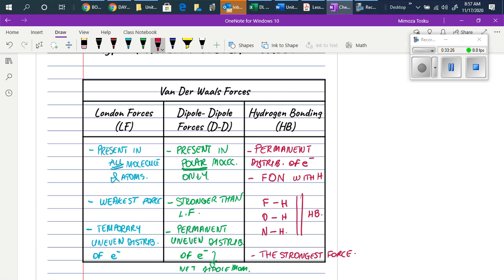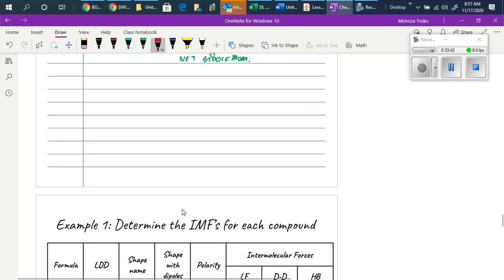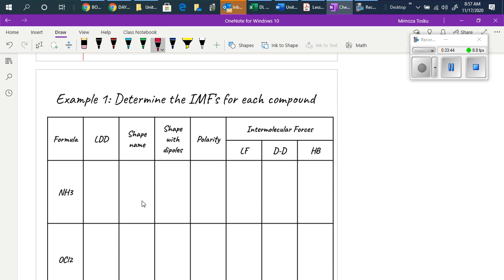In general, those forces are known as van der Waals forces, named after the scientist who was studying those forces.